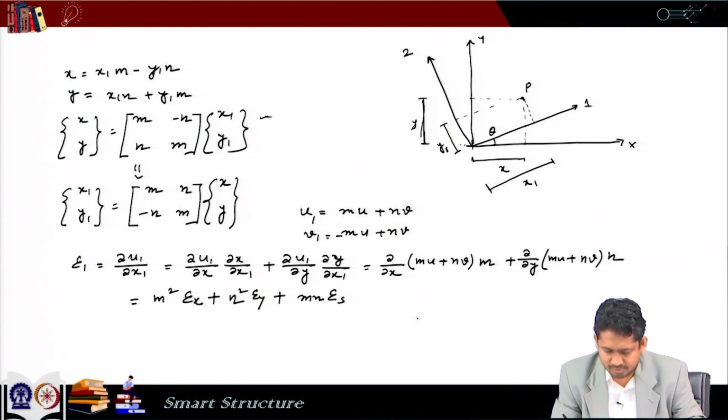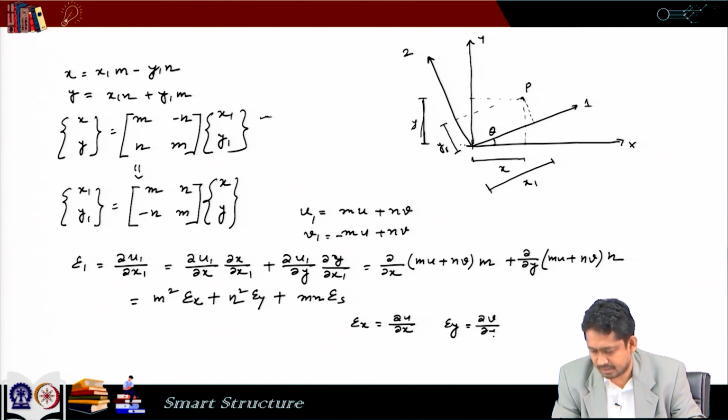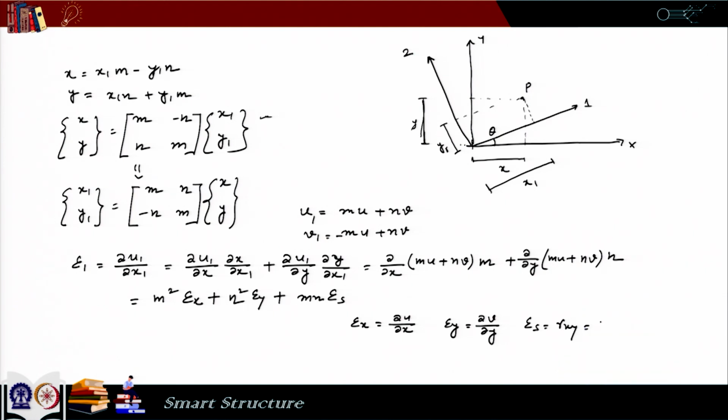So, to do this we use the relations epsilon x is equal to del u by del x, epsilon y is equal to del v by del y and epsilon s, which we also call gamma xy, is equal to del u by del y plus del v by del x.